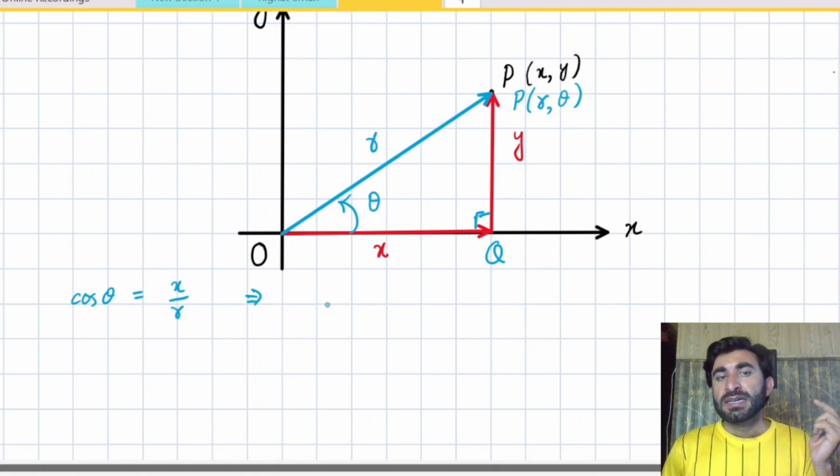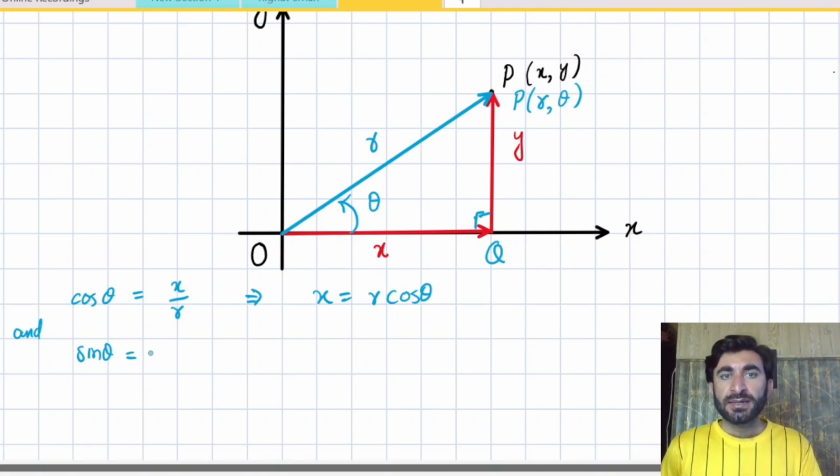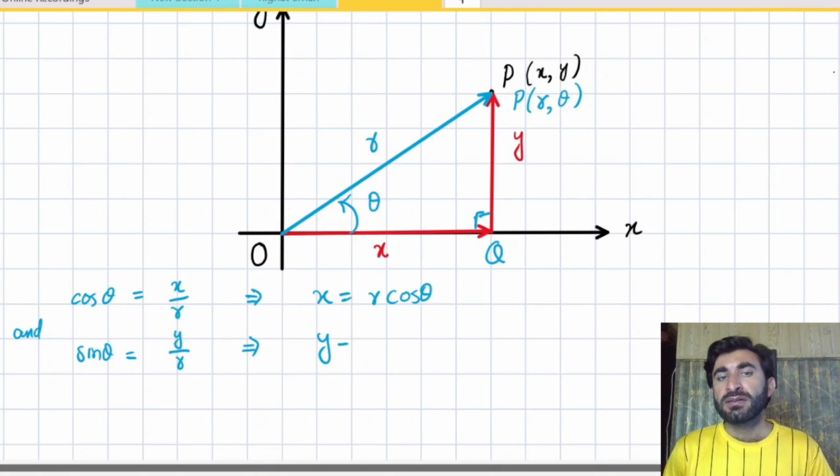So then x will be r cosine of theta. Similarly, what will be the value of sine of theta? Sine of an angle is always opposite to the angle divided by the hypotenuse, and opposite over here is y divided by r. Therefore y will be r times sine of theta.